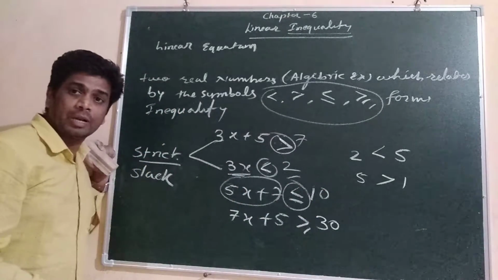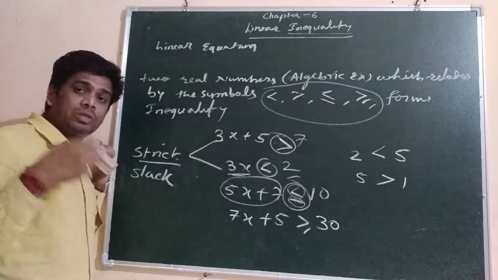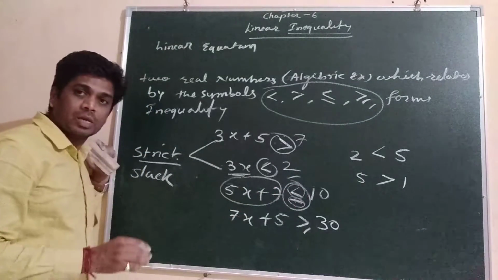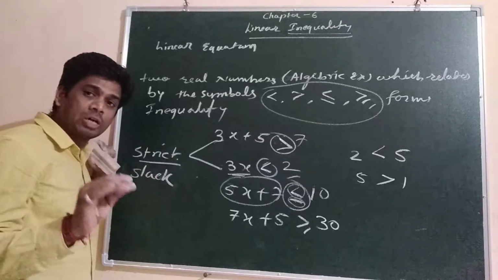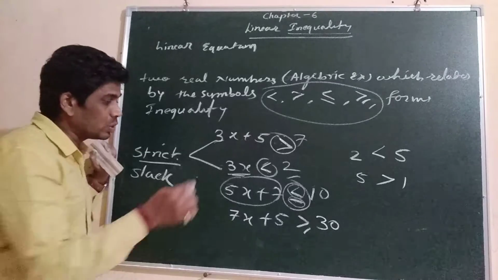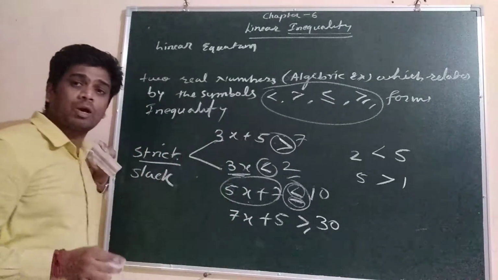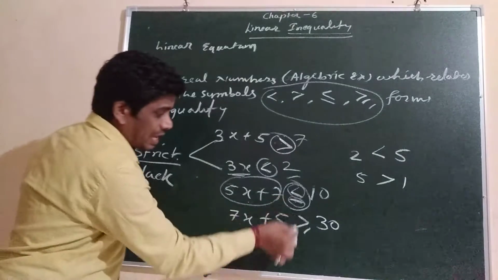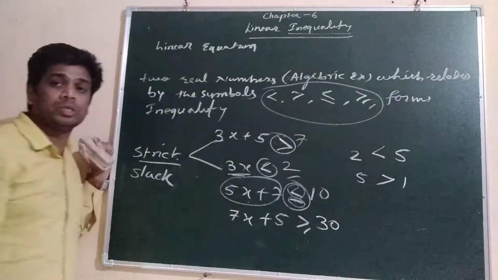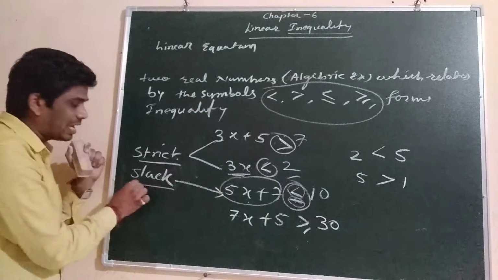Both results are represented here. Means it is not confirmed; it may be equal or it may be less than. So such inequalities, where less than or equal to or greater than or equal to is used, are called slack inequality.